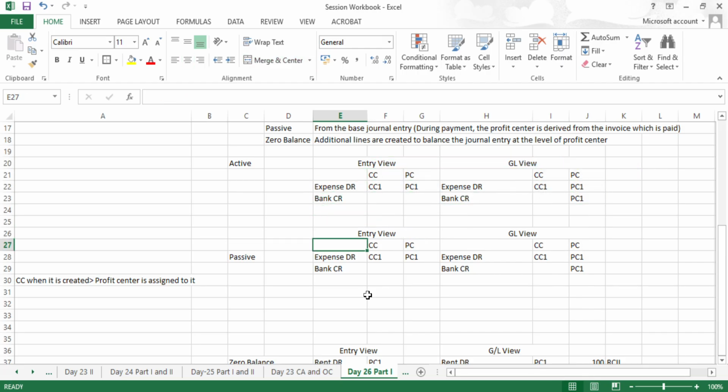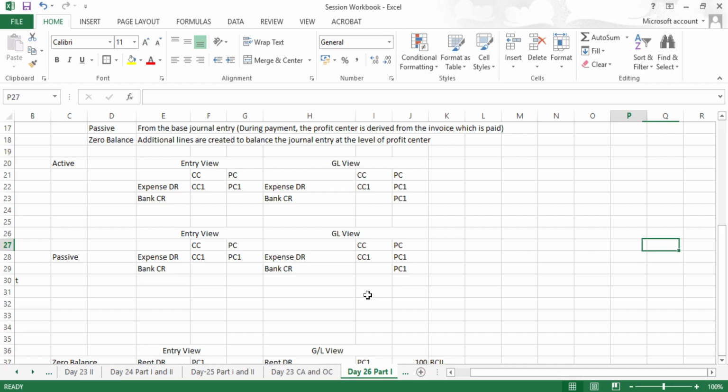Expanding this example, now let's say I am making a payment. So when I make the payment, entry is, sorry, let me put the vendor here, as this is a credit entry.